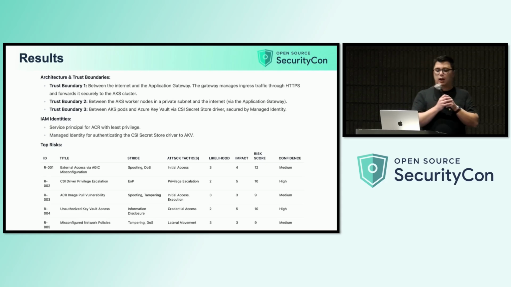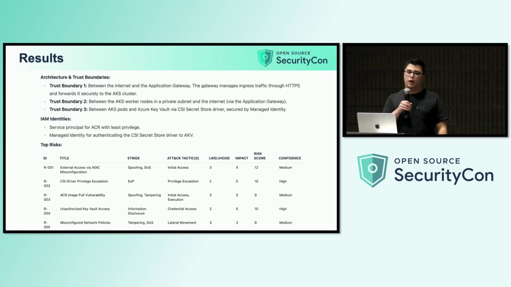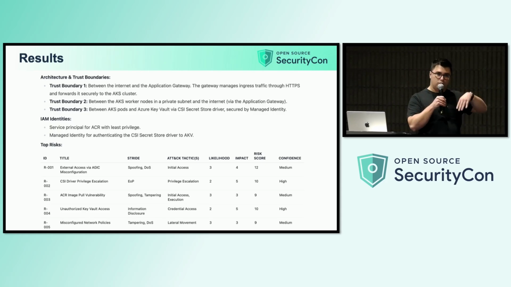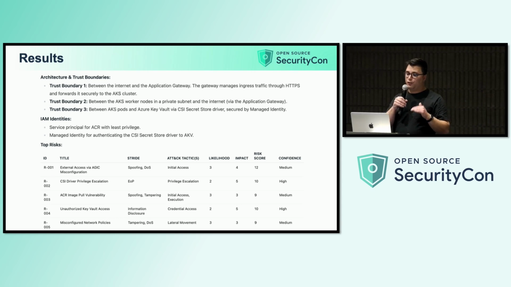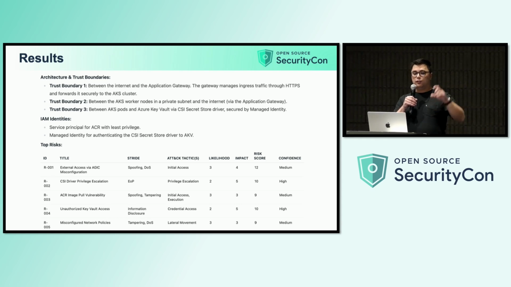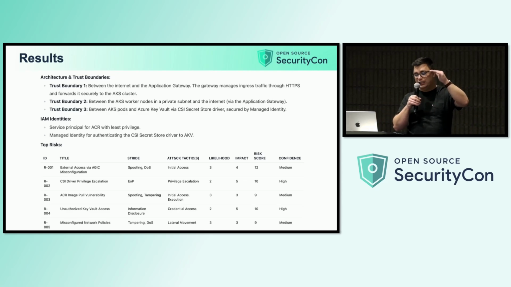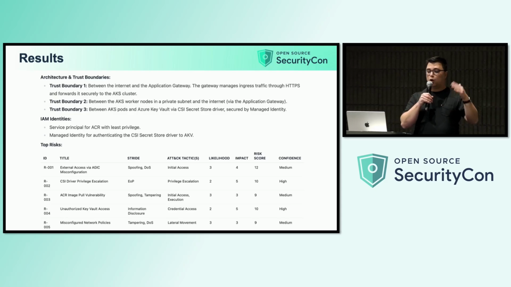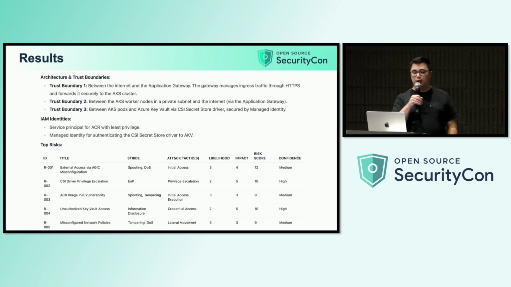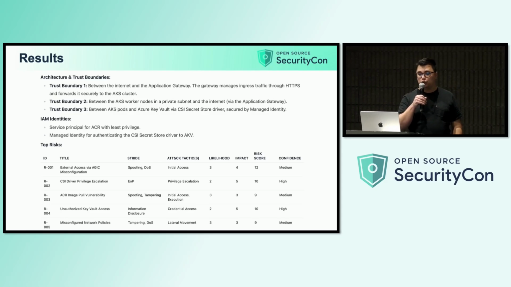And that is some example of results. If you remember correctly, in my system prompt, the first thing I ask is to do the architecture and trust boundaries, to identify different levels of trust boundary, list all the IAM identities for me, and start to map all the different risks I can have.